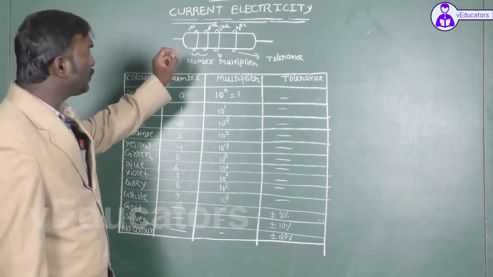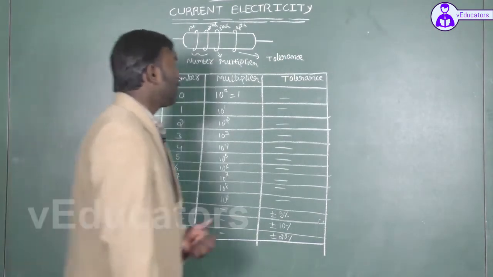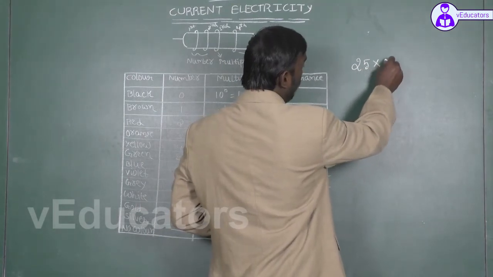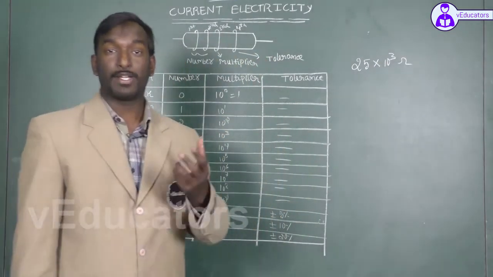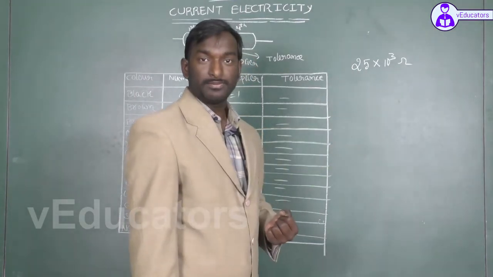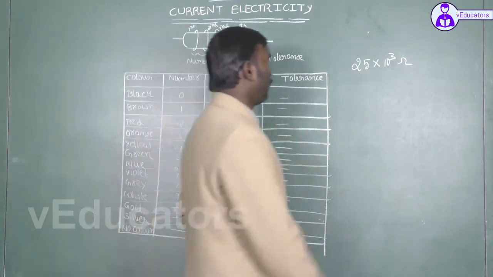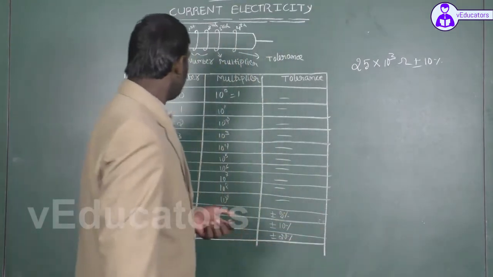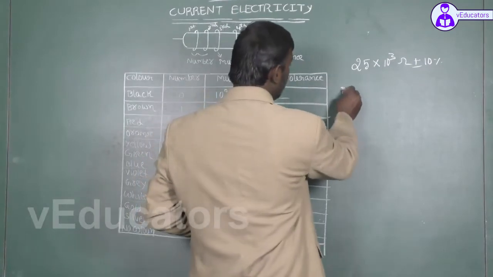So, how to read this is the important thing now. First, suppose I ask you to take a resistance of 25 into 10 power 3 ohm, or 25 kilo ohm. How do we identify this? I told you the first 2 numbers represent the first 2 colors, and suppose the tolerance is 10%. The first digit, 2, is red.